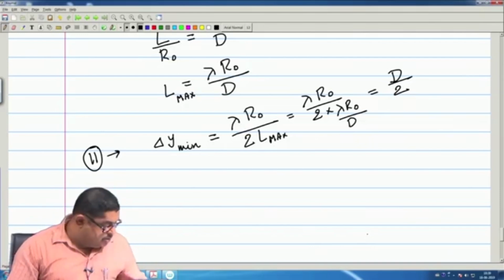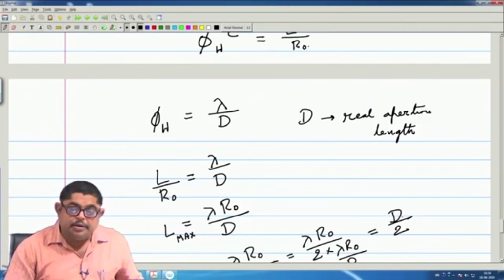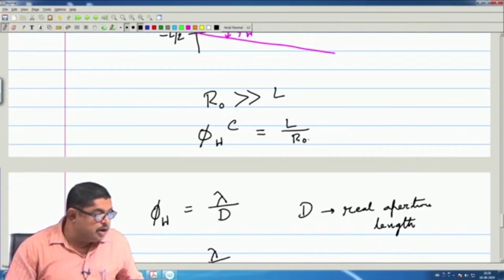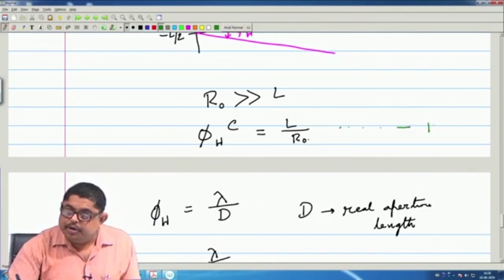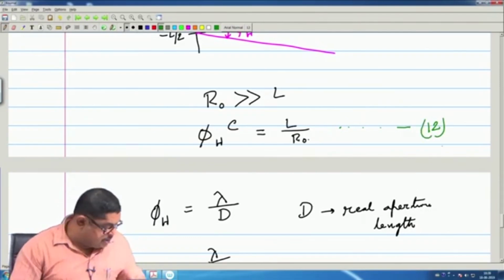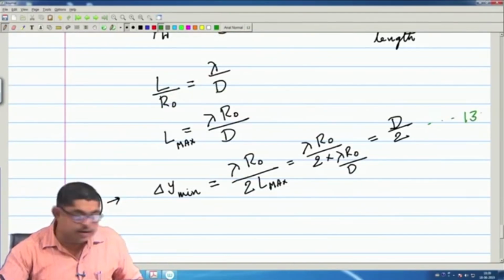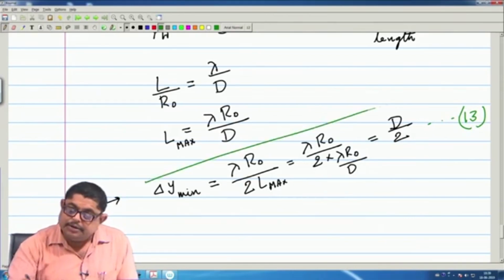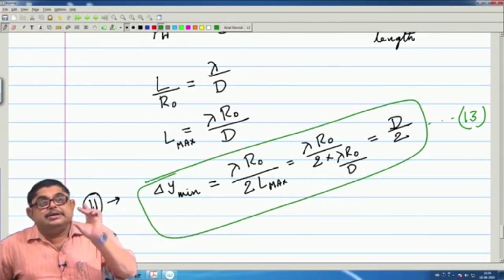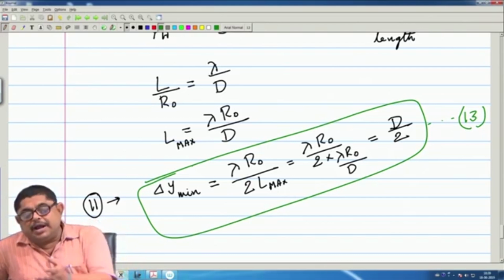I think we should give it a number, but before that I will say that this also generally is an important thing, because from this approximation this came, and with that this will become equation 13. This says that the cross range resolution, the best you can have is half of the length of the antenna.